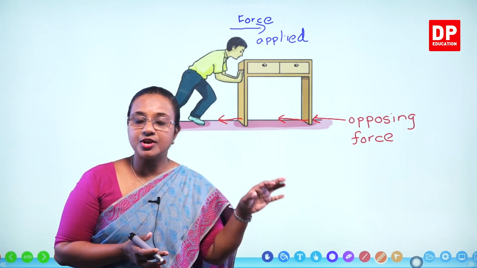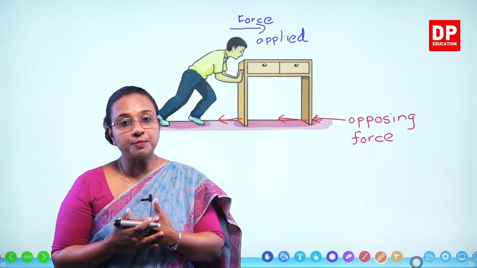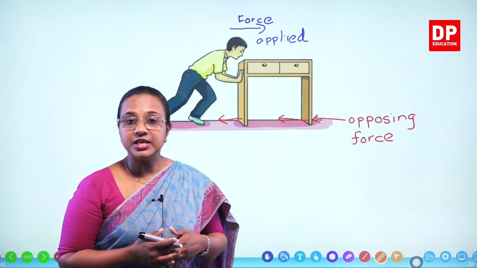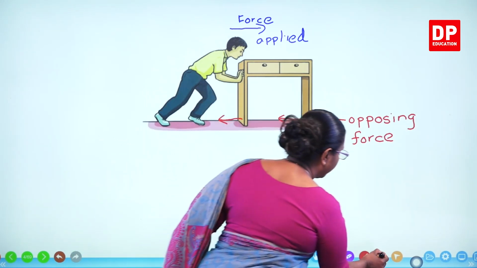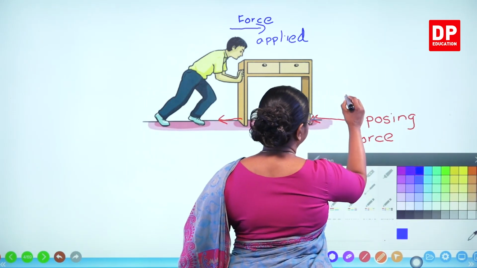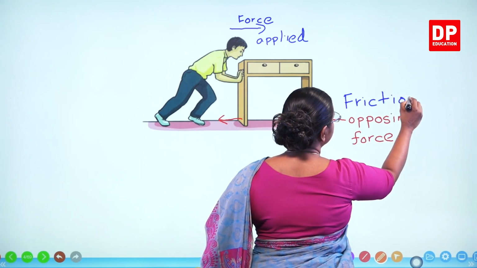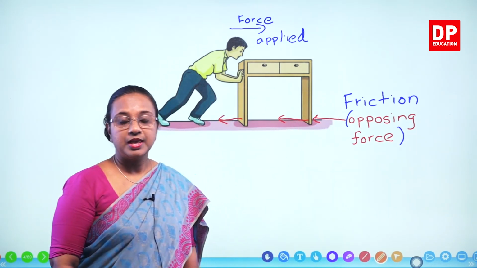Students, you have to understand there is an object at rest. The object is trying to move and the floor is trying to stop it by applying an opposing or resistive force. This is what we call friction. So, friction is the opposing force that is exerted by the floor.